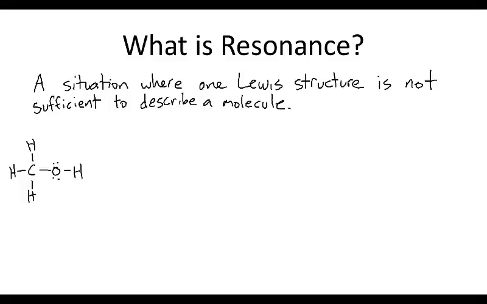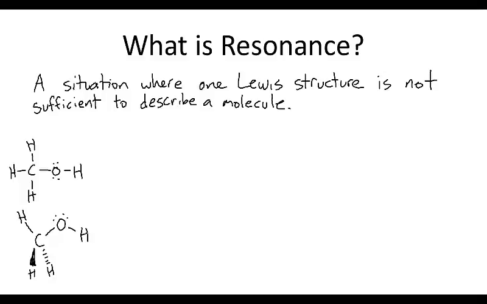Now, sometimes you need to know the shape, and so sometimes just drawing the Lewis structure but not drawing it in the right shape wouldn't be a good enough description. So sometimes for a molecule like methanol, I might want to draw it in the correct shape. And so in a case of a simple molecule like methanol, one of those representations might be perfect for most uses.